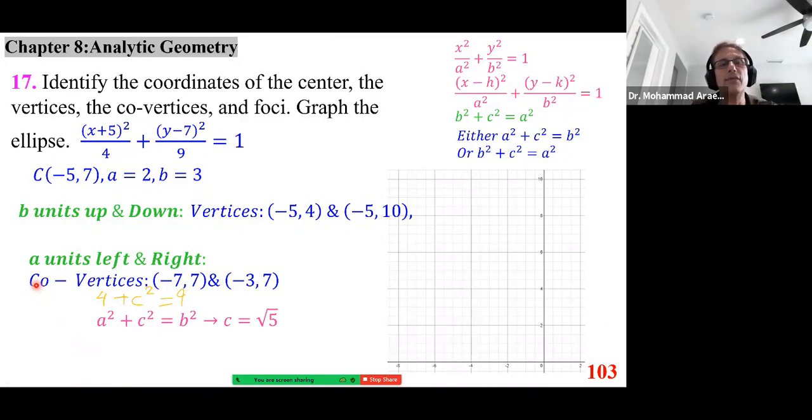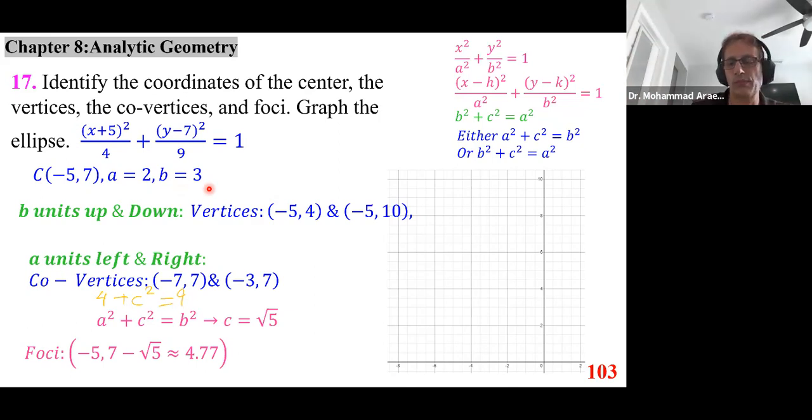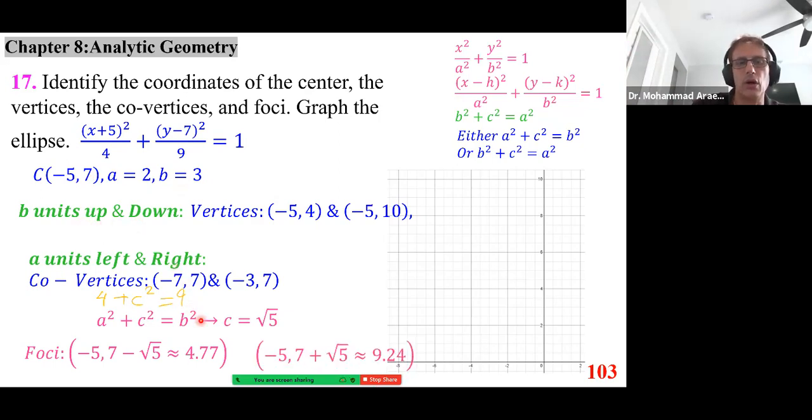Now, to the right and left or up and down? Well, because again, B is larger, it's along the y-axis. So it's up and down. So we go down and we go up.